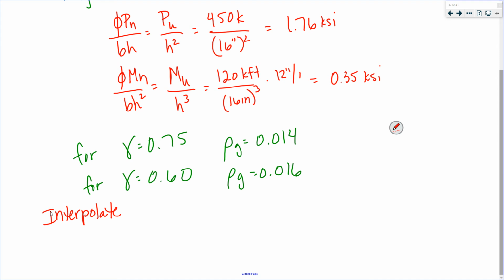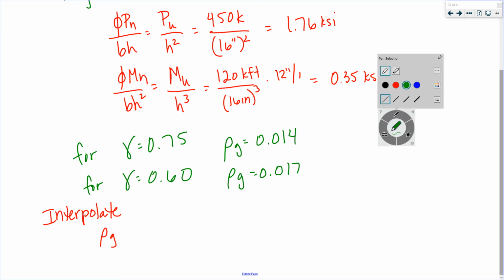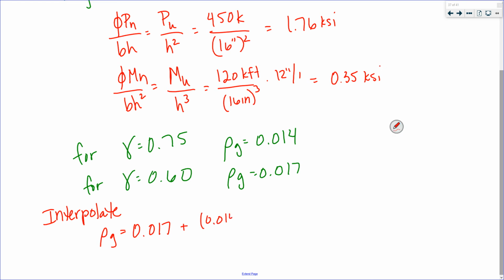So, oh gosh, I put 0.016. I have to put 0.017. 0.017 plus what?